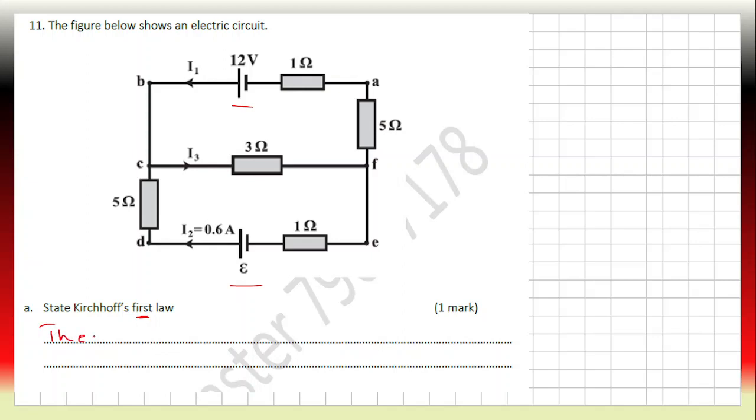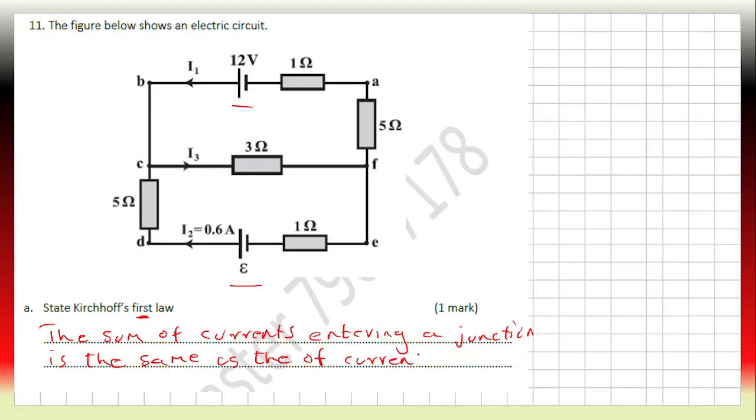The sum of currents entering a junction or a point is the same as the sum of currents leaving the same junction.